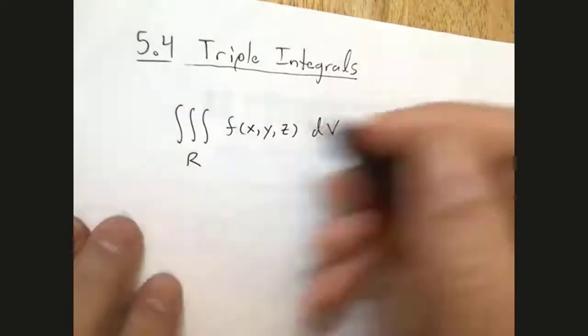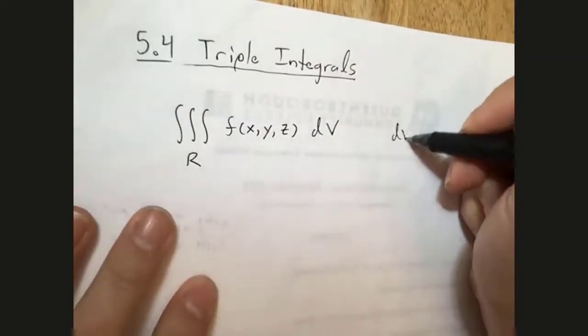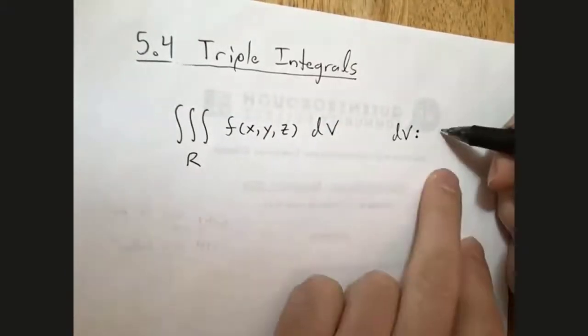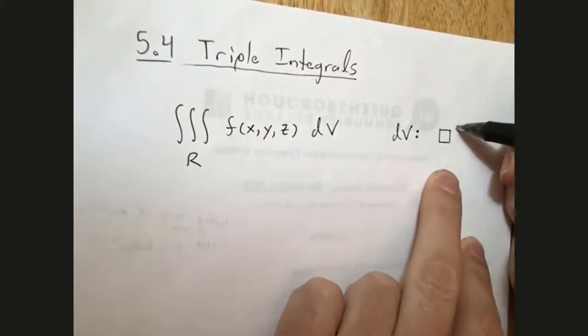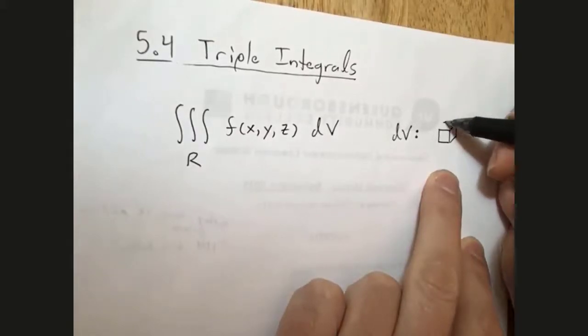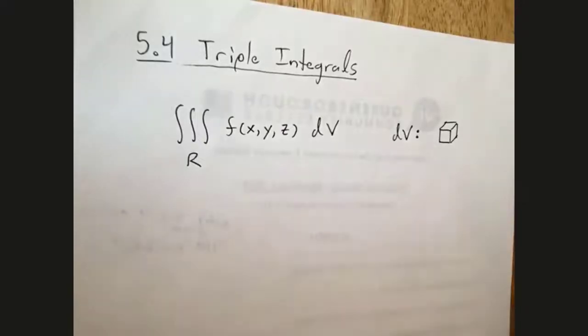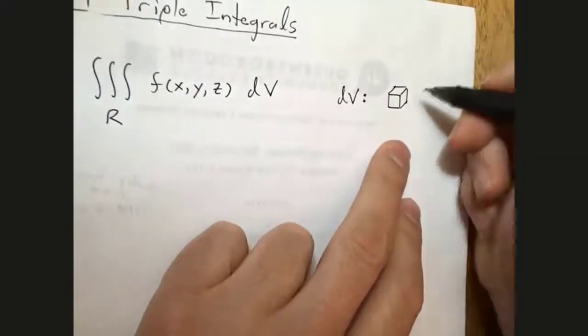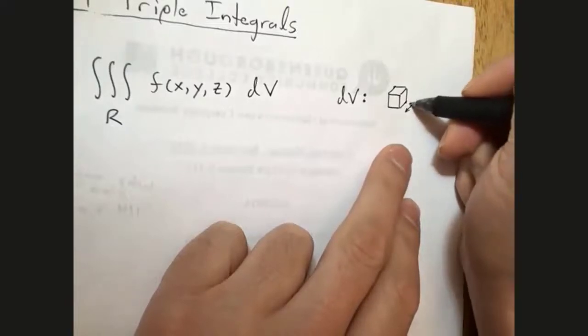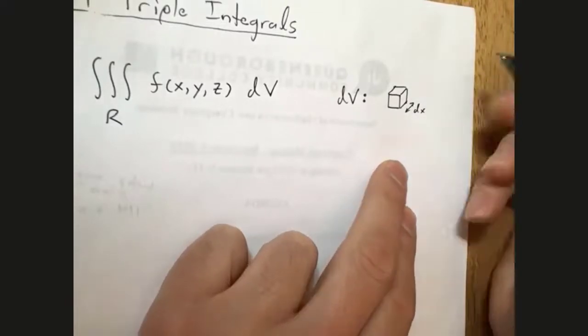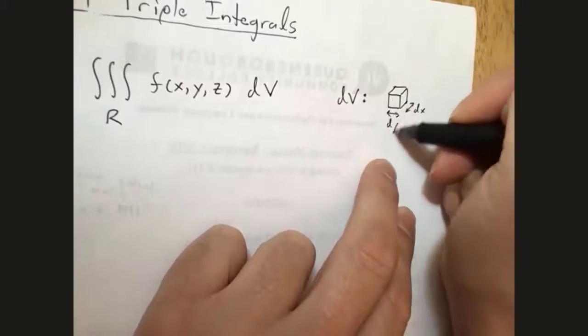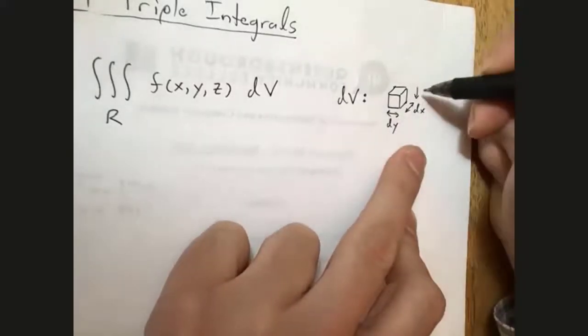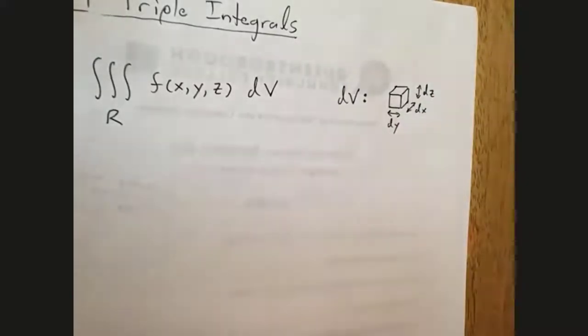Now, dV we will think of as a tiny, infinitesimally small cube. Well, maybe not a cube, but a box. It doesn't have to have equal dimensions. The box will have a dimension in the x direction, that'll be dx. It'll have a dimension in the y direction, that's dy. And it'll have a dimension in the z direction, that's dz.